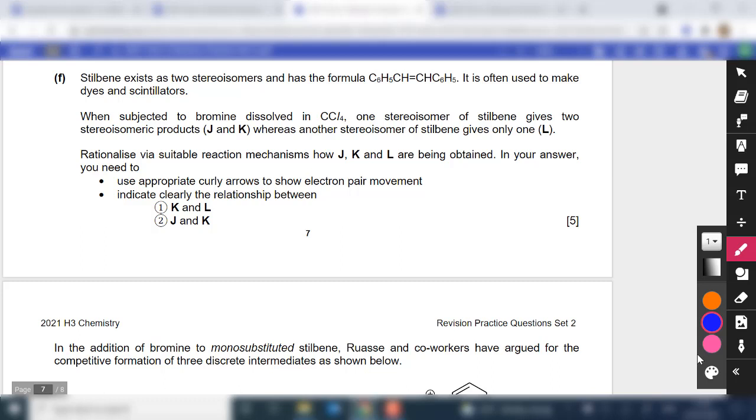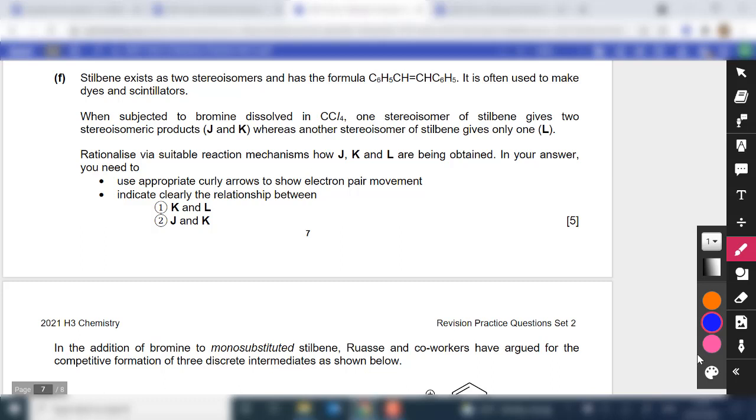So electrophilic addition, which is the theme for part F, will not be in. So don't worry so much about it. Just take it as a form of practice. It's actually in the old syllabus for pharmaceutical chem.